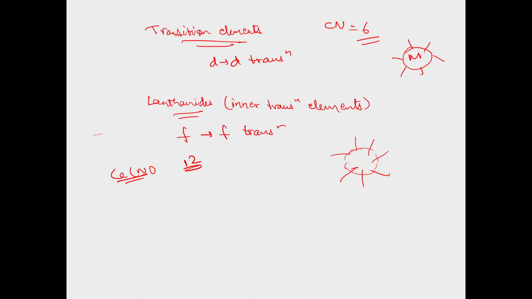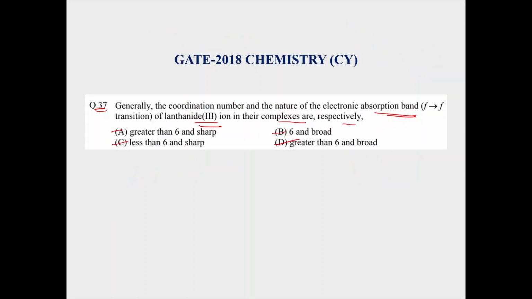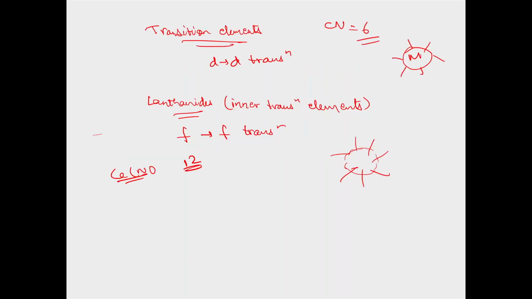Okay, so lanthanides, because of their larger size, can have a coordination number of more than 6. So we can eliminate two options, that is less than 6 is not correct, and 6 and broad is also not correct. Now moving on to the nature of the electronic absorption in these f-f transitions. So as we already said, these are inner transition elements, right?